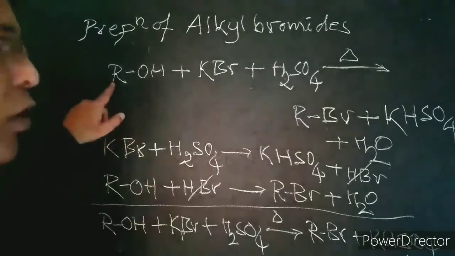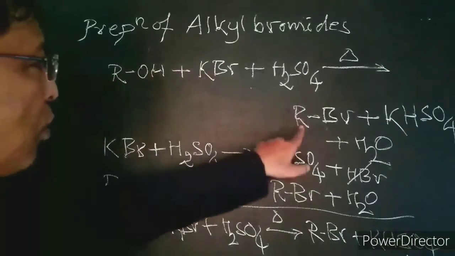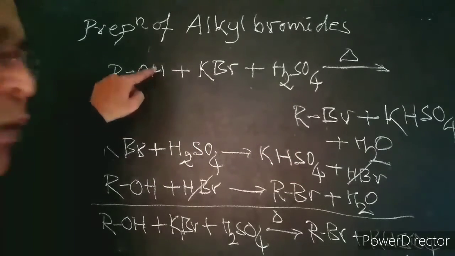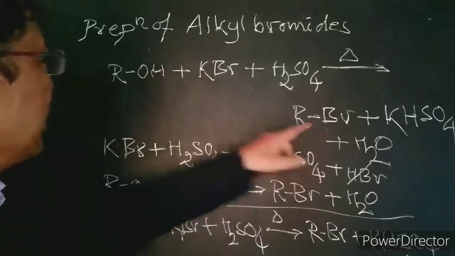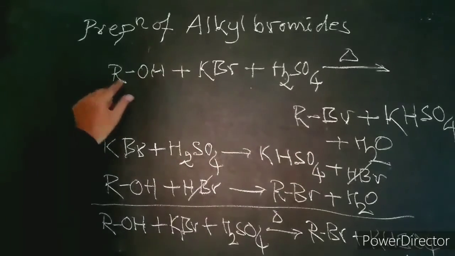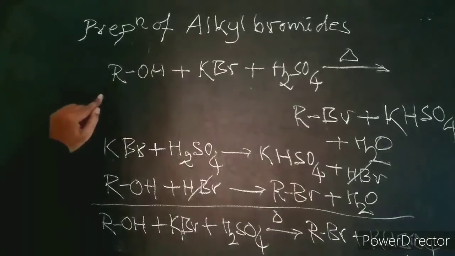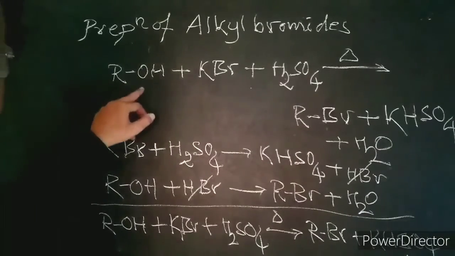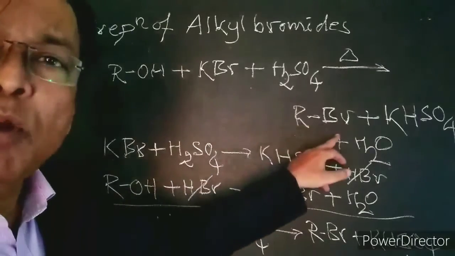Suppose if we want methyl bromide, then we have to use methyl alcohol. If we want ethyl bromide, here we have to use ethyl alcohol. In the examination, they may ask you the question, how do you convert ethyl alcohol into ethyl bromide?